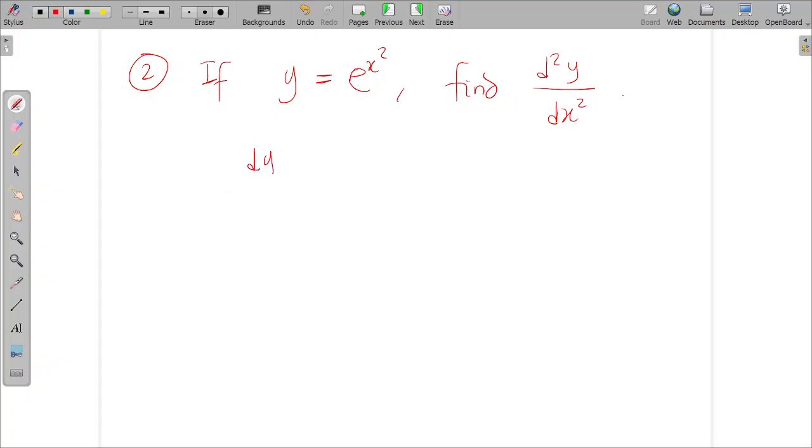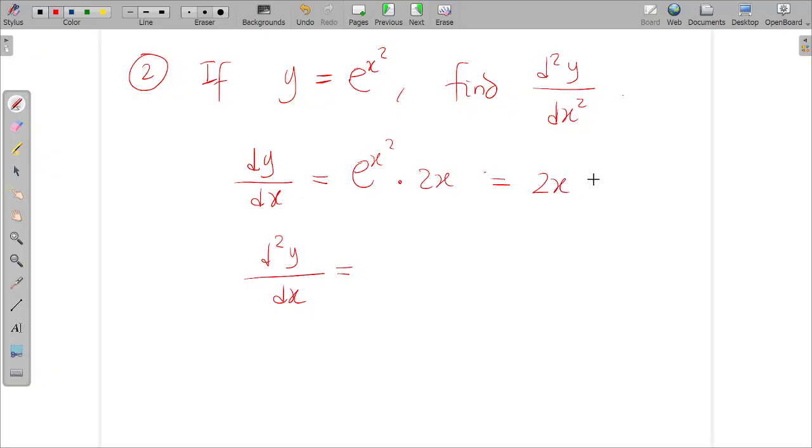The first order derivative will become e to the x squared multiplied by the derivative of the power, which is 2x. That is the first order. Now the second order derivative. In doing the second order, this is a product rule now.